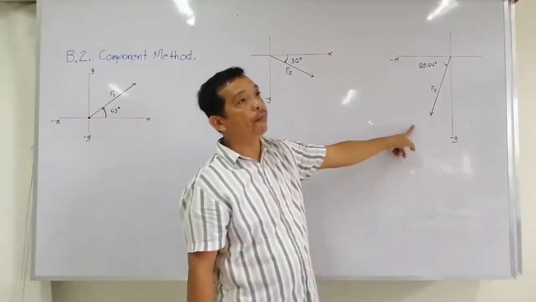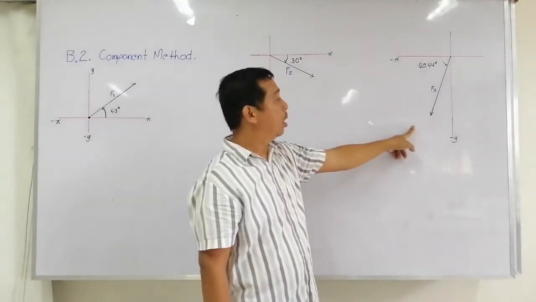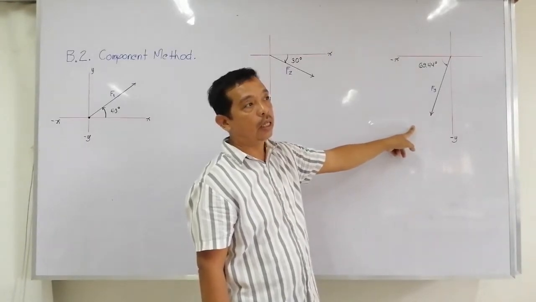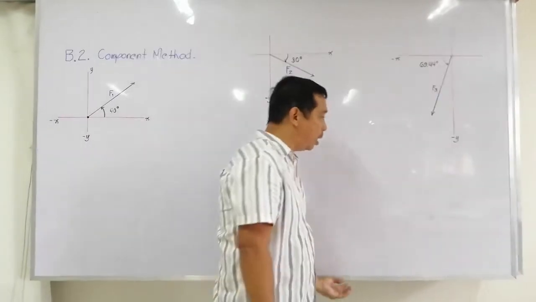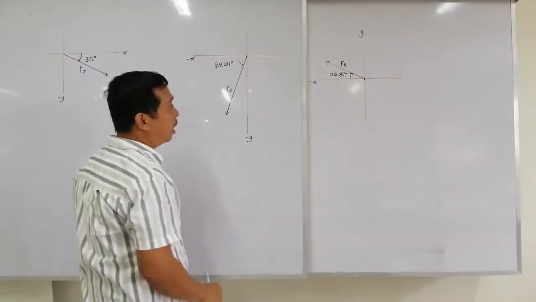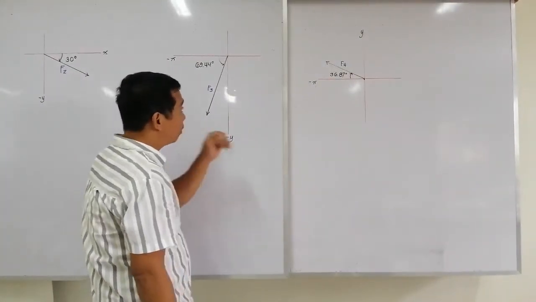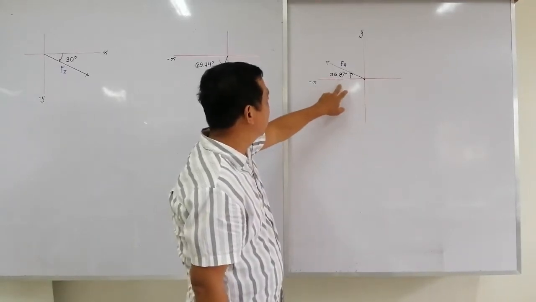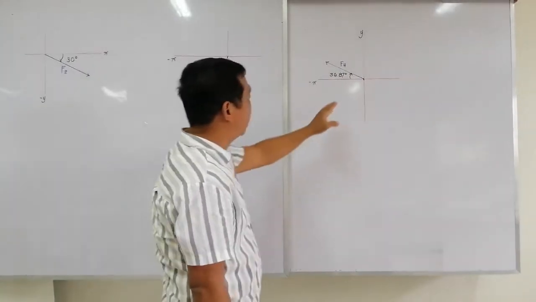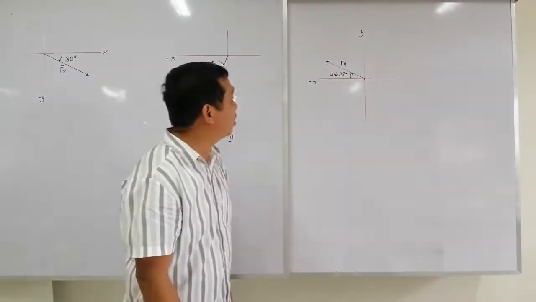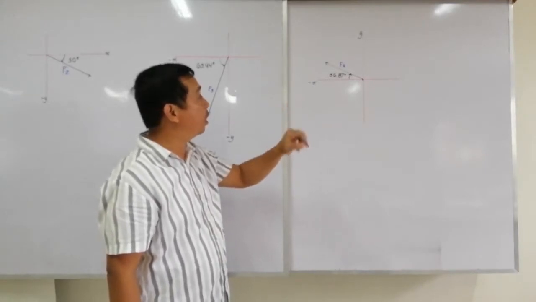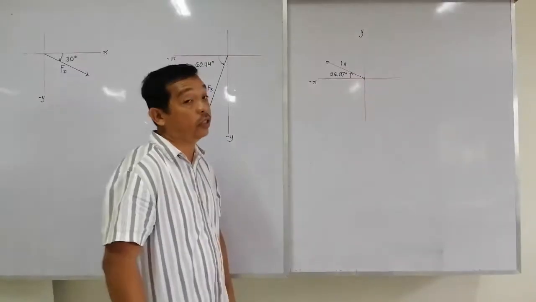We have F sub 3, 100 kips, 69.44 degrees south of west. And our F sub 4, second quadrant, 50 kips 36.87 degrees north of west.